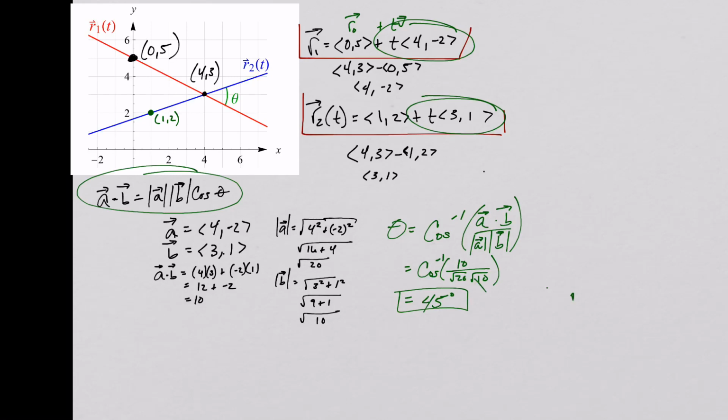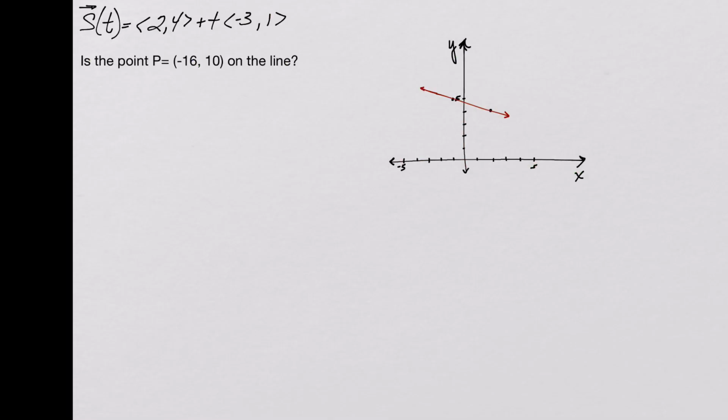Alright, so now we're going to move over to a new problem. I'm going to give you this equation of a line: S of t is equal to the vector (2, 4) plus t times (-3, 1). And I want to know if the point P, which is equal to (-16, 10), is on the line. I've sketched out what this line may look like using 2 points.